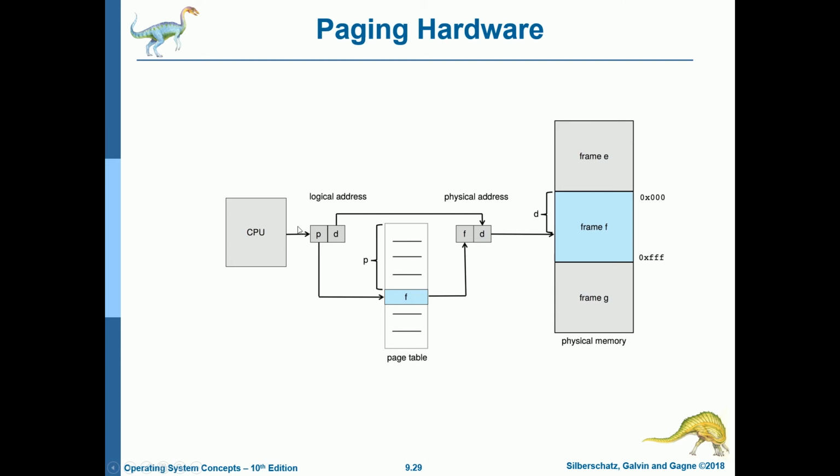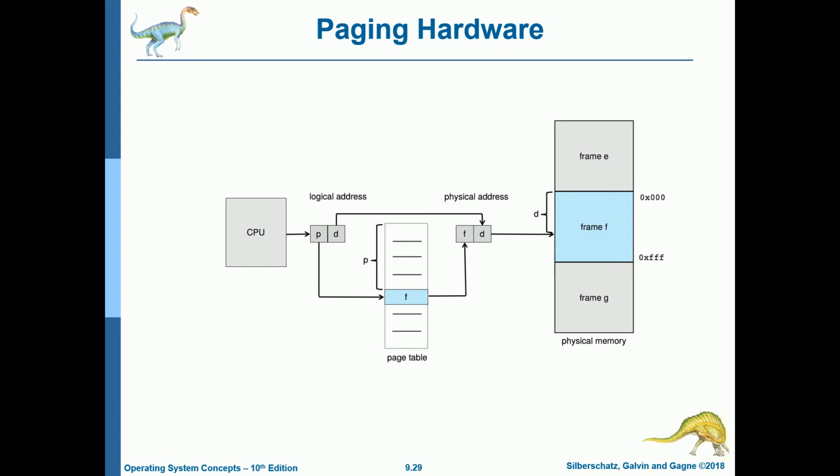As you can see, the logical memory address contains the two parts, the page number and the offset, or you can consider this as a displacement. This references this value, which gets the frame. From there, we use that offset in order to displace or figure out where we are within that frame.